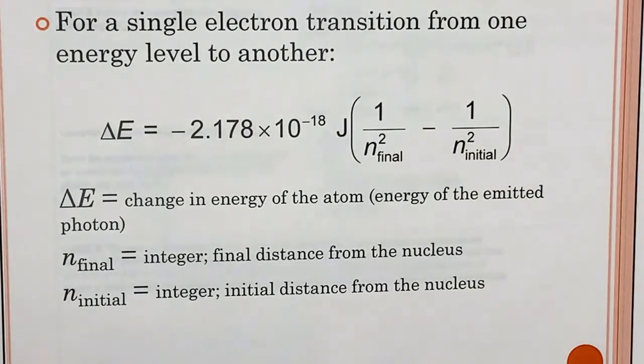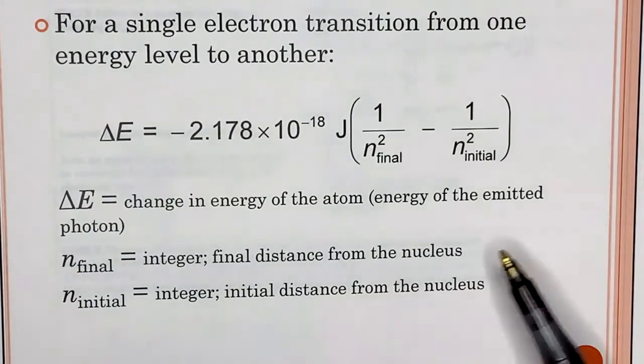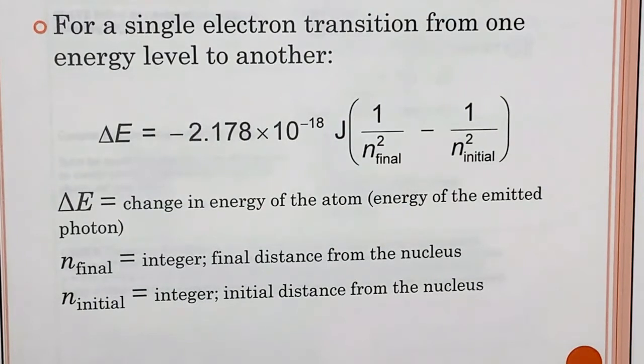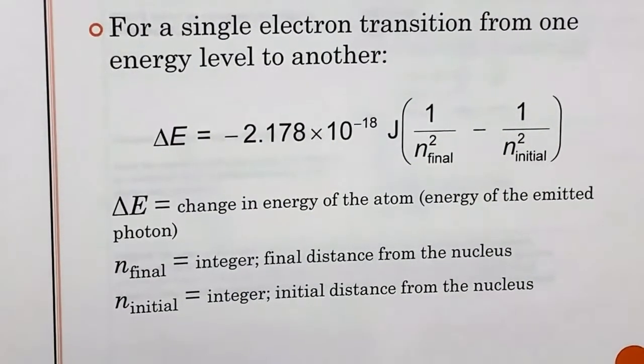And that would be the energy change of the atom. And remember, the atom's change is a negative number if it's emitting, and then the photon that's being emitted will be the positive energy. So it depends on what the question is asking. So you guys should be able to do that.